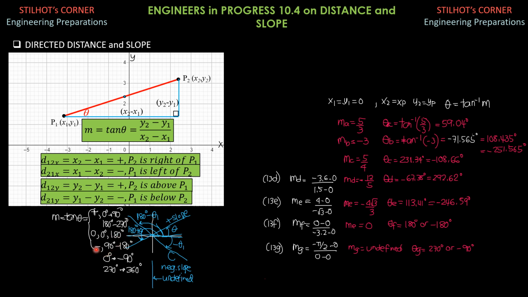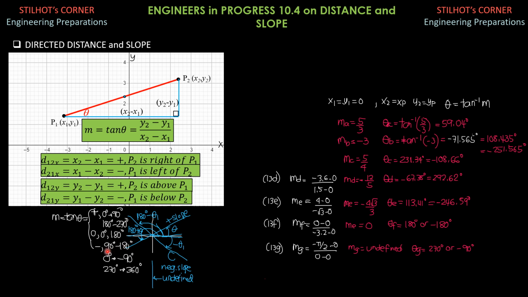Then the slope is negative if the angle theta from the positive x-axis is in the second quadrant or fourth quadrant, because tangent of angles between 90 degrees to 180 degrees are negative.